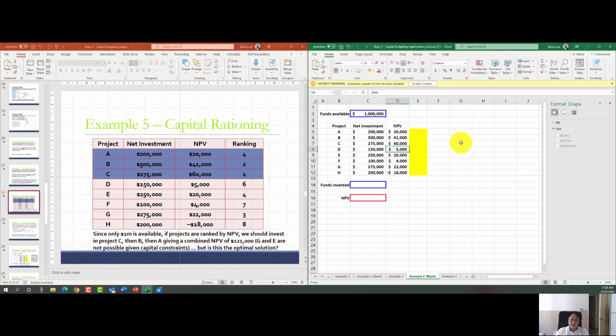If you just look at it based on NPV, we would look at the ones with the highest NPV.